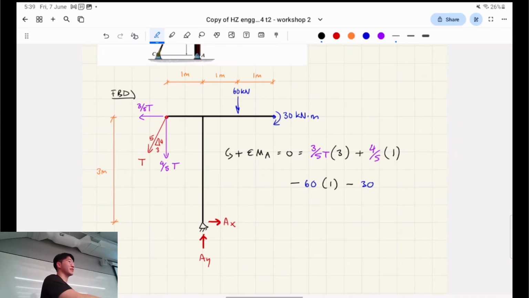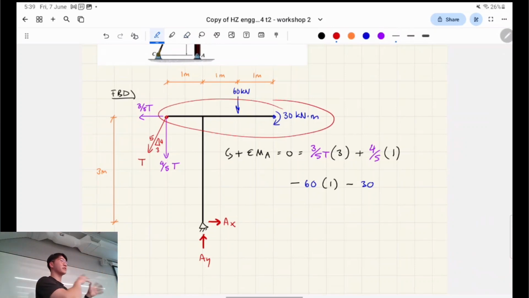But what we're going to do next week is look at the internal forces along a beam, and what that might mean is, say we're only looking at this part, and we want to develop some sort of bending moment diagram. This is like a graph that graphs what the internal response is. And then we keep looking along, and we keep looking along, and that 30 kilonewton meters of point moment is only going to be introduced once we look at that section in our overall structure. Hopefully that makes sense. If it doesn't make sense, it'll make sense next week, basically. For now, when we're taking the equations of equilibrium for reactions, we always look at the entire structure. So, yeah. Does that answer your question?